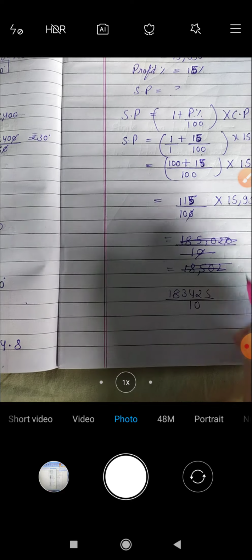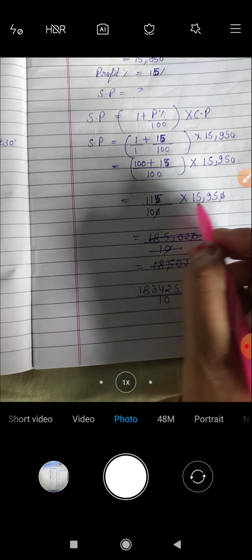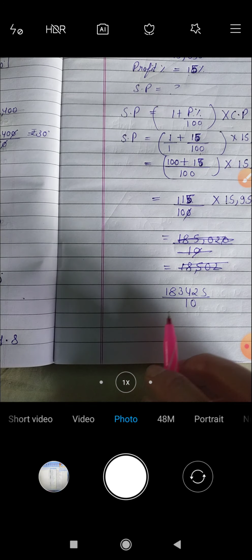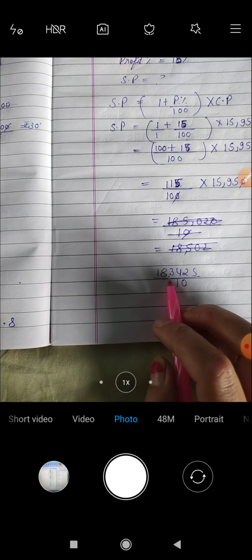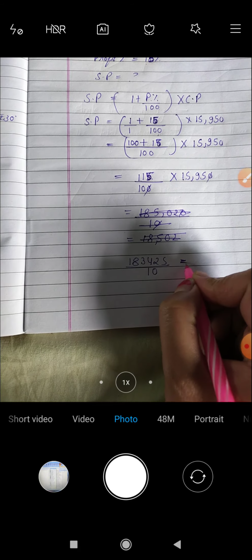After multiplication of 115 and 1,595, since 0 will cancel out, we have 183425 and we have to divide this quantity by 10. After division, as we all know, if 10 or 100 appears in the denominator, we can directly put the decimal according to the number of zeros.